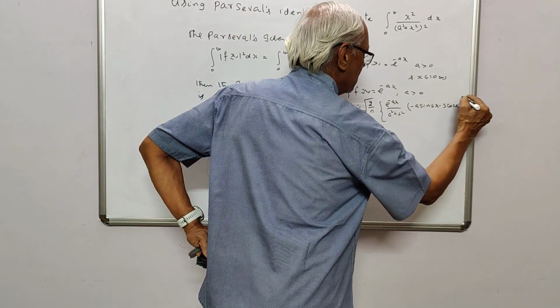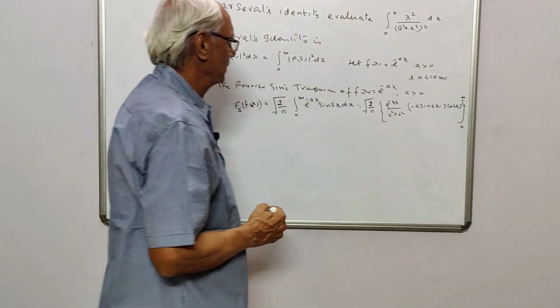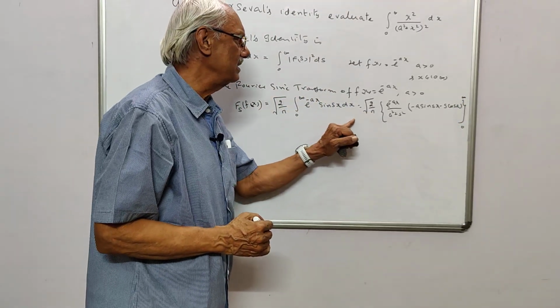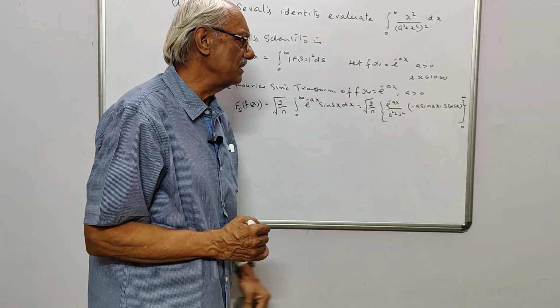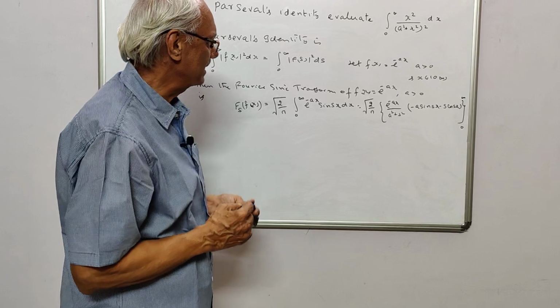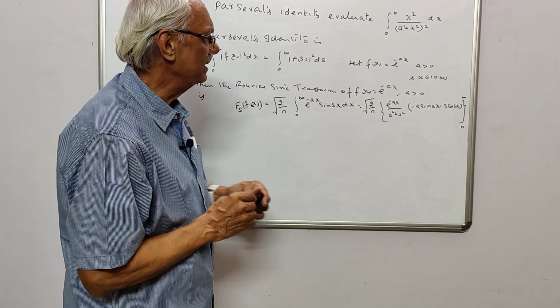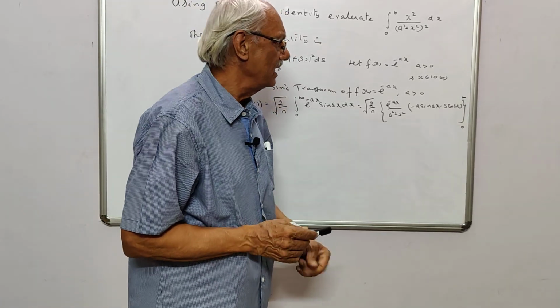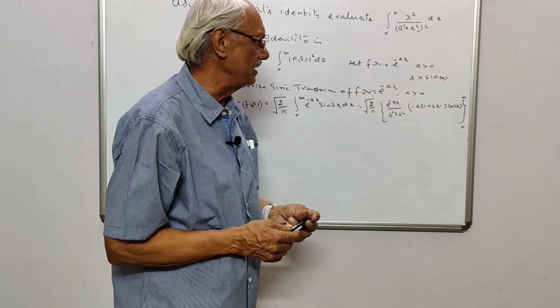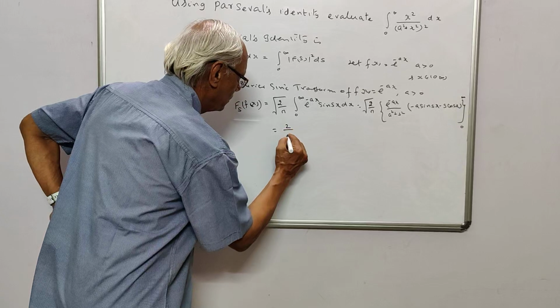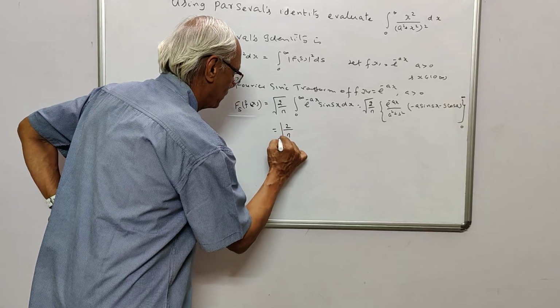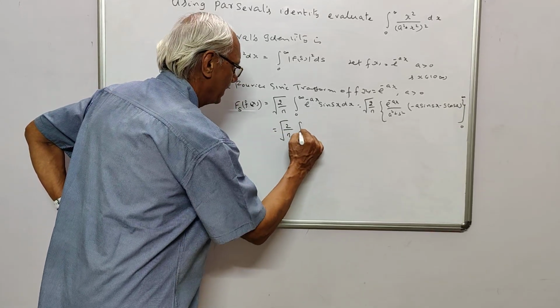So this is from 0 to infinity. So I have integrated. This integral is a well-known one, for which the answer is minus a sine sx minus s cos sx, and the limit is from 0 to infinity. So this is equal to 2 by pi square root of that within brackets.